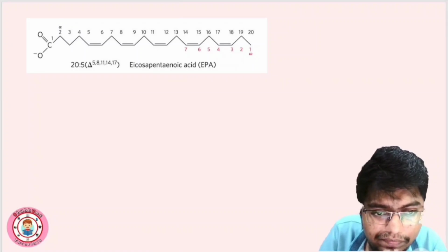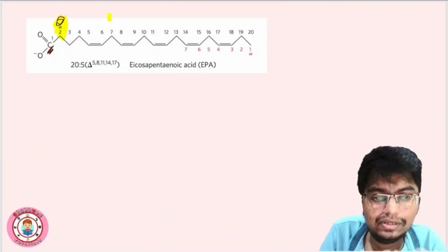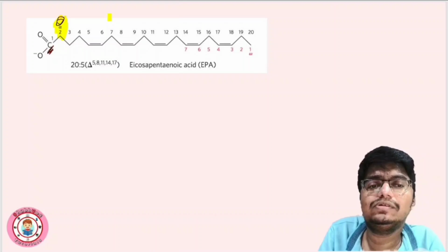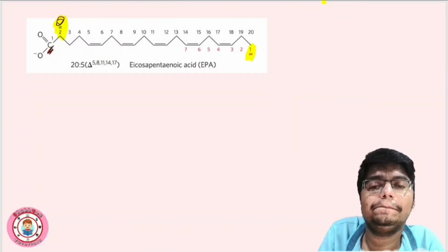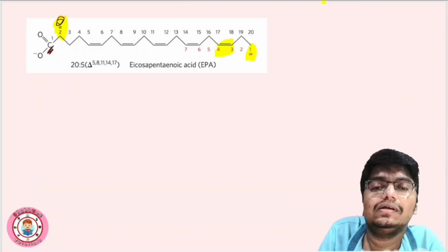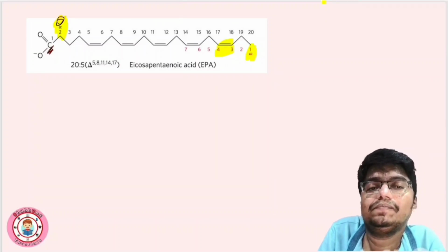The carbon which is near to this carboxylic group is known as alpha carbon. Okay, you can see here, this is the alpha carbon. The carbon near the carboxylic group, and the one at the last, the methyl one, that is known as omega carbon. And from that omega carbon, the presence of double bond, see here, between the 3 and 4 carbon, so this is an omega 3 fatty acid.